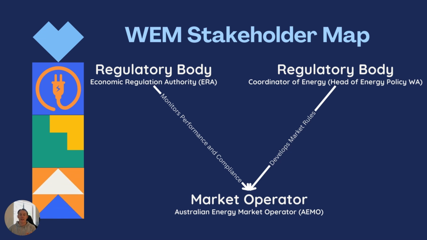The regulator that makes the rules here is the Coordinator of Energy, the head of energy policy in the WA government. They develop the market rules, and the Economic Regulation Authority, or ERA, enforces these rules and makes sure AEMO upholds their performance standards. So it's a similar situation, but a touch different.